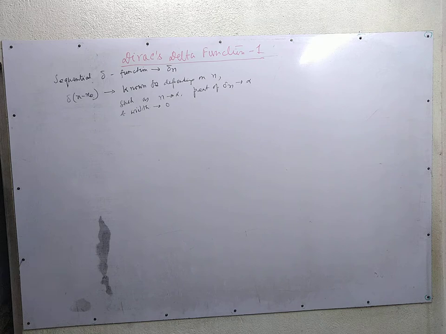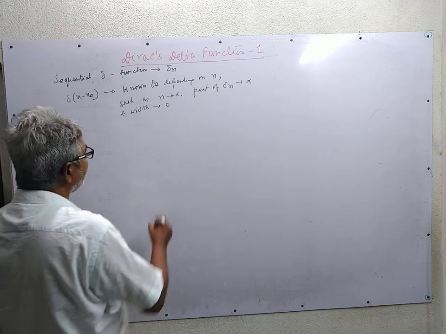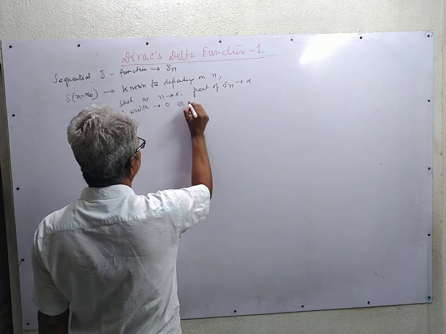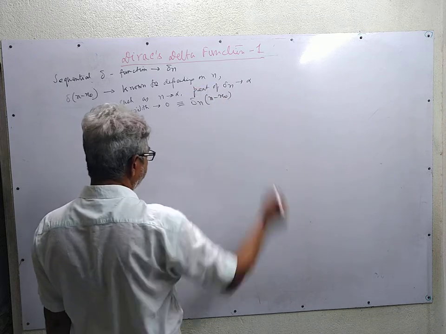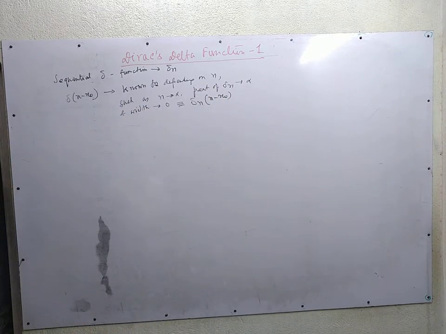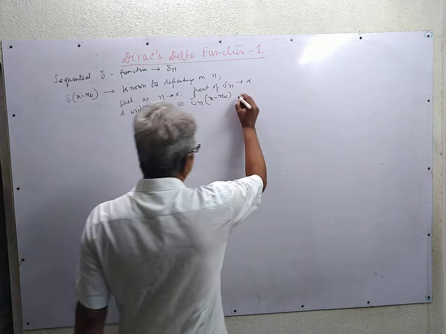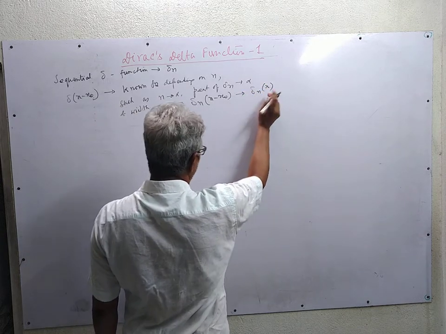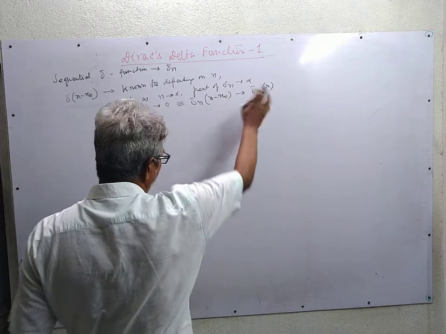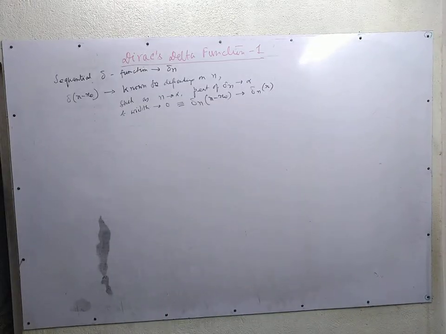This is known as the sequential delta function and is represented as delta n of x minus x0. To simplify the mathematics, we use delta n of x, and from here to there we can just go by a change of origin of the coordinate system.